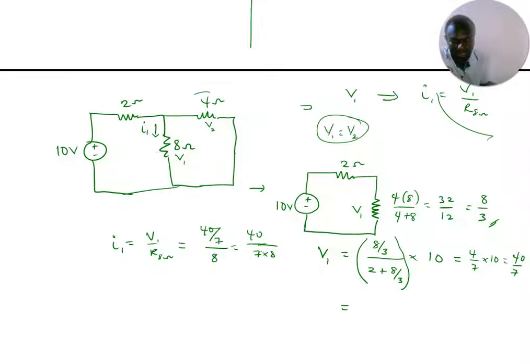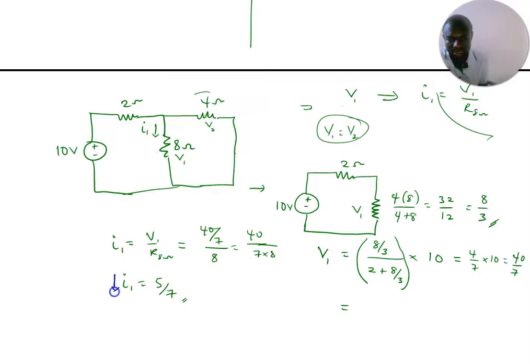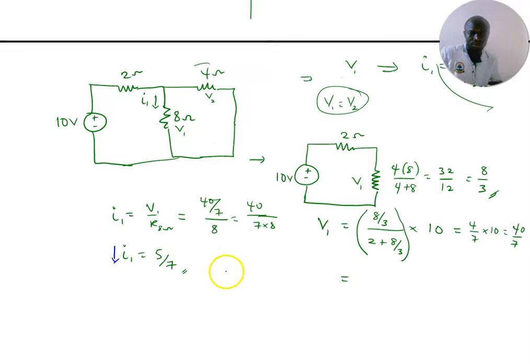So 7 times 8 gives 56. Which is going to give us 5 on 7. So I1 is going to be 5 on 7. And that is moving downwards. Right. It's moving downwards. So what about I2?